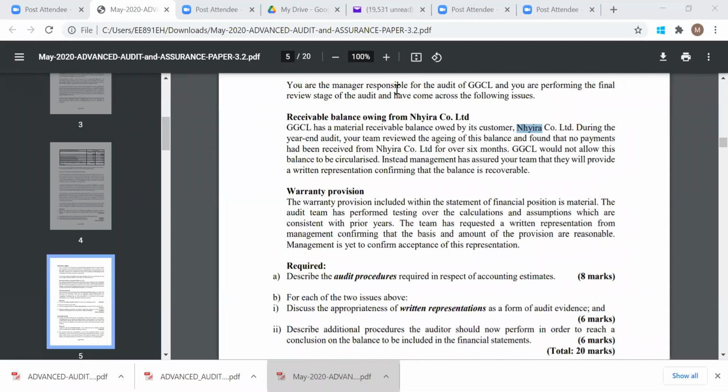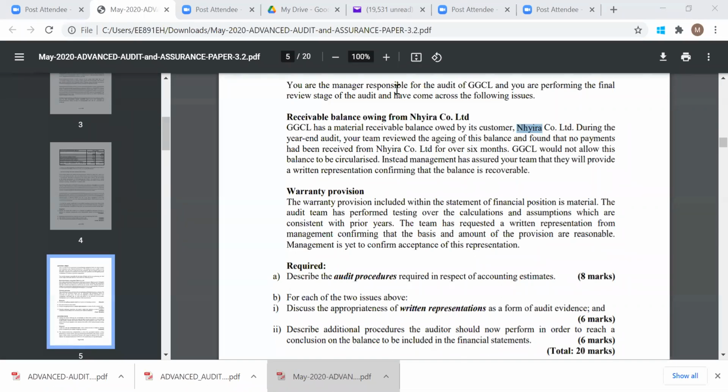So for the 7 audit procedures I gave you, this seems to relate more to, I would say, inquiring from management how the accounting estimate is made.